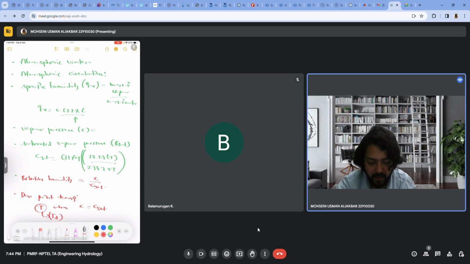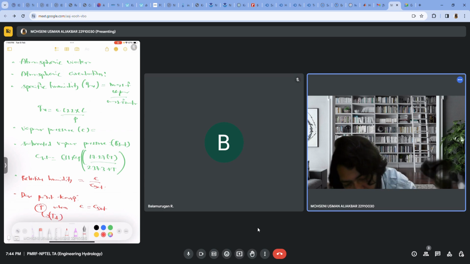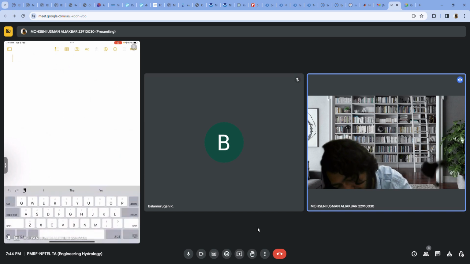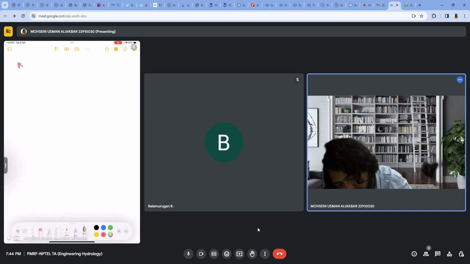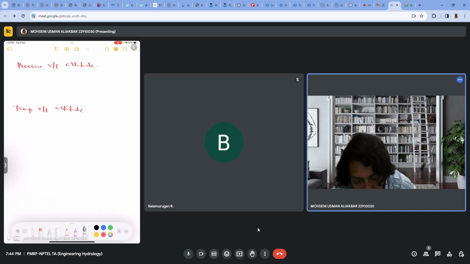So we have covered this first part. Then we derived two relations, the relation of pressure versus altitude and also temperature versus altitude, where we got to know that as altitude increases, pressure decreases, and similarly as altitude increases, temperature decreases.